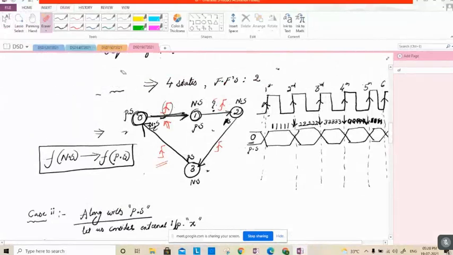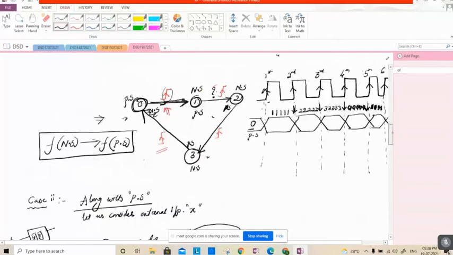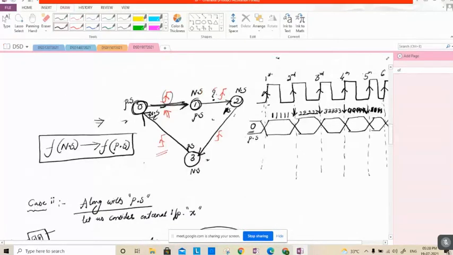Right, I will erase this. If I erase this, then is this a state diagram or not? Yes, sir. Even then it is a state diagram.